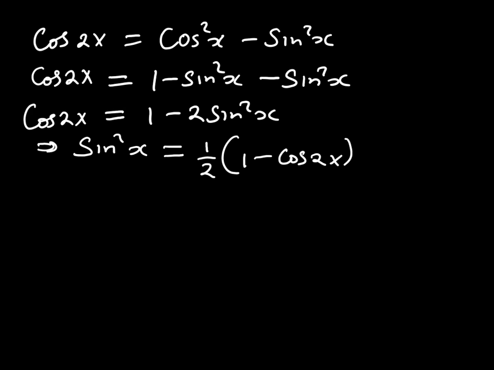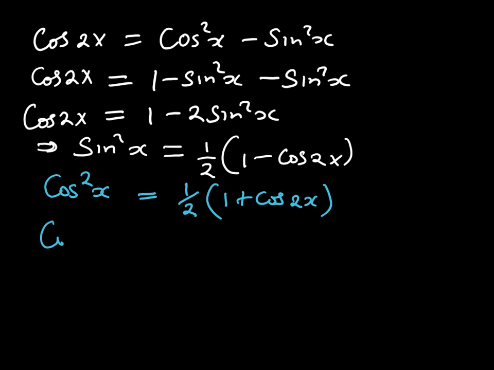So we can see that cosine squared of x is 1/2 of 1 plus cos 2x. Then sine squared of x is also 1/2 of 1 minus, that's the difference, 1 minus cosine of 2x.